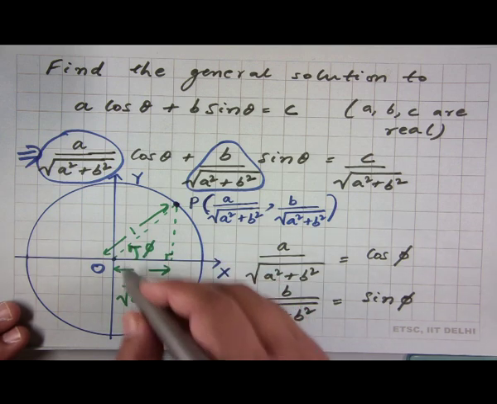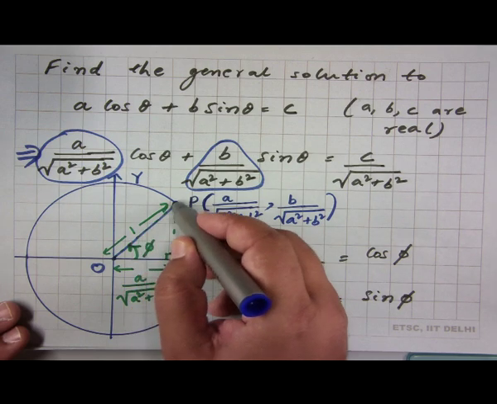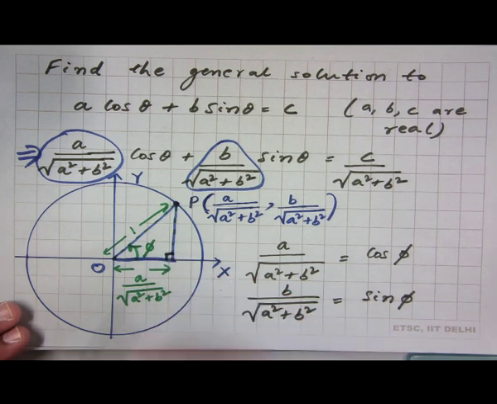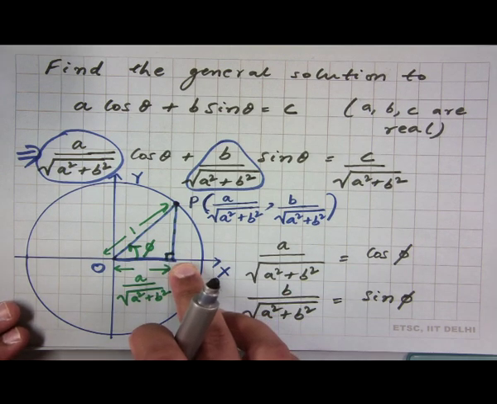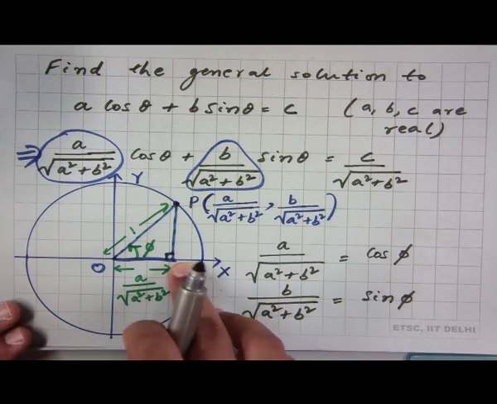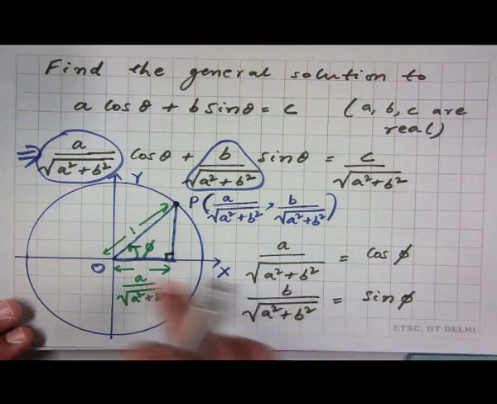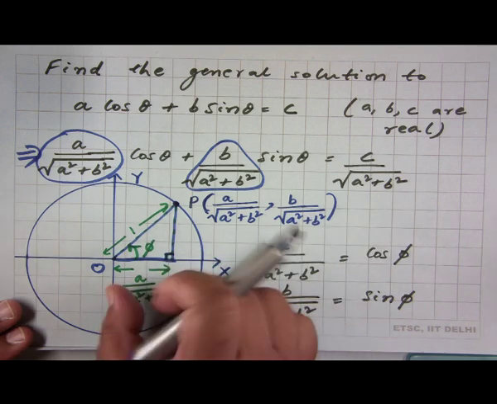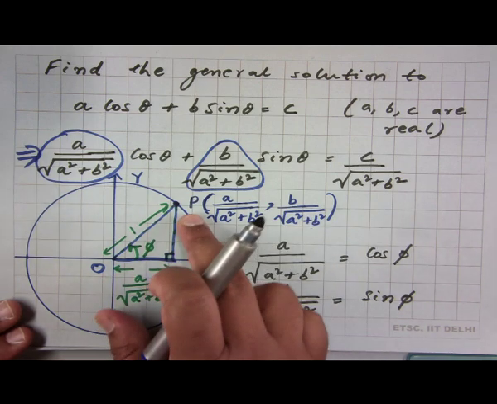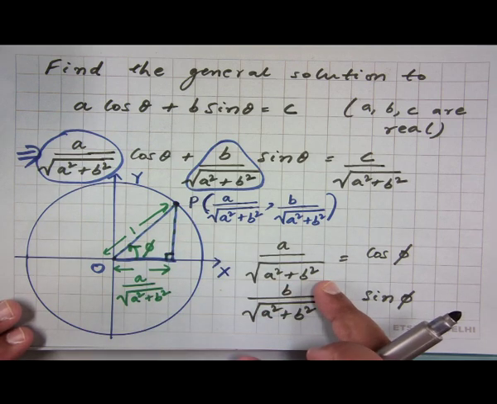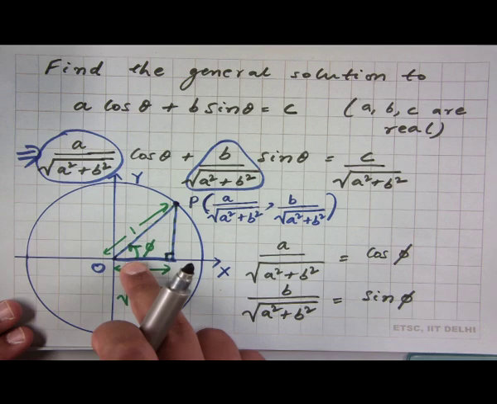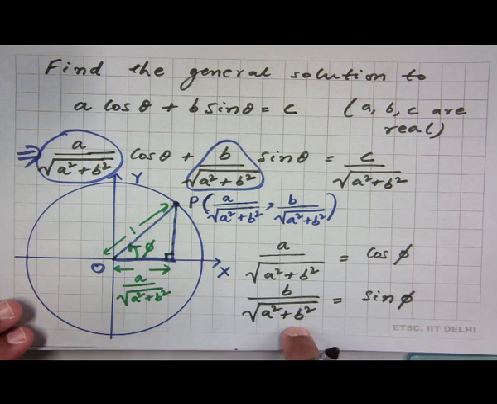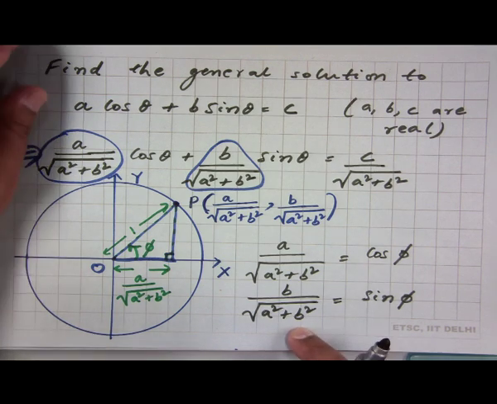So, let us now focus on this right angle triangle here, which I am drawing now. In this right angle triangle, from the definition of cosine and sine, cos phi will be equal to the x component of this point, which is a upon square root of a square plus b square, and sin phi will be the y coordinate of this point, which is b upon square root of a square plus b square.